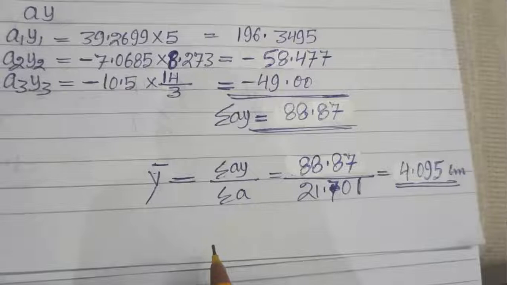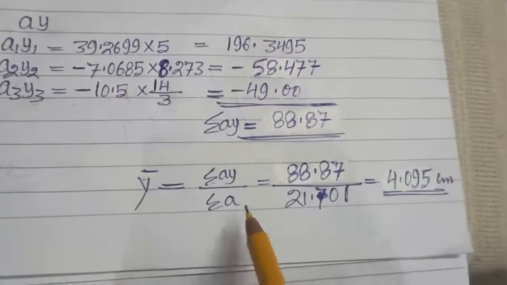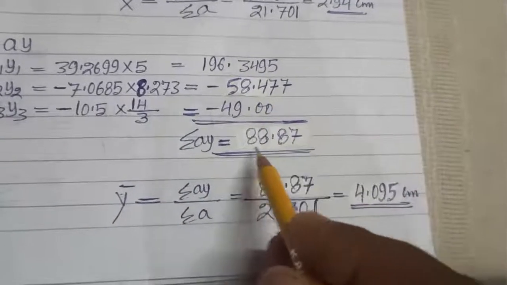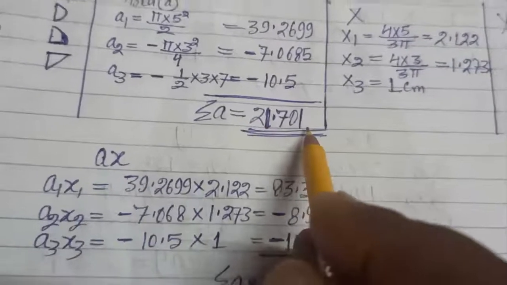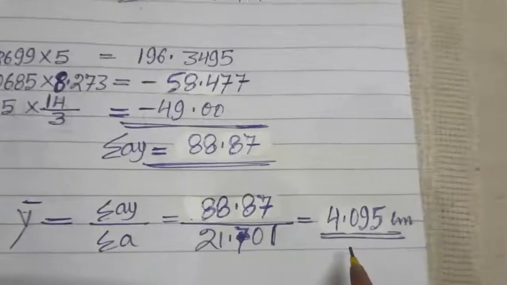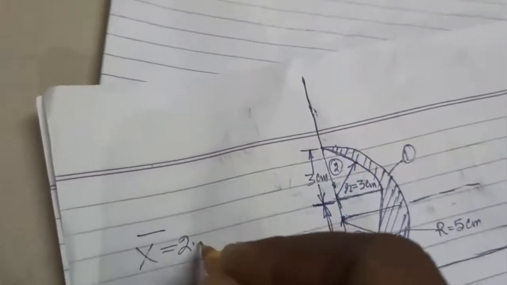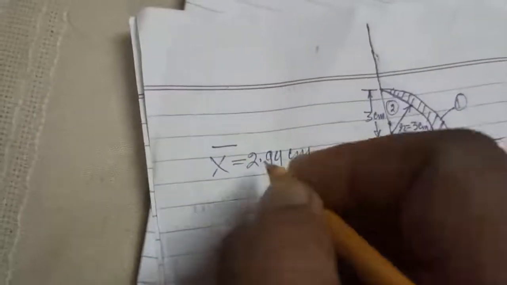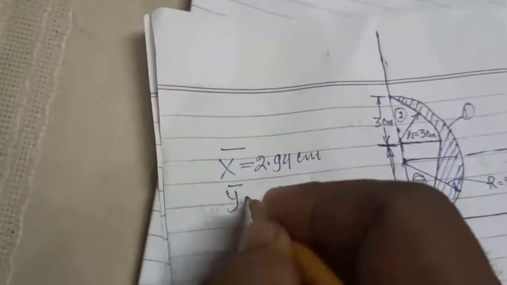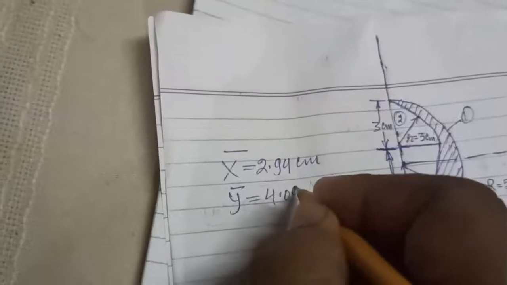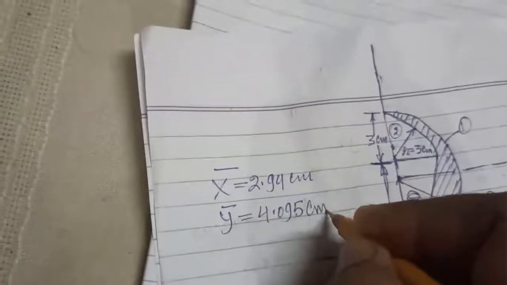Now Y bar is summation AY upon summation A. Summation AY is 88.87 divided by summation A, 21.701. So it will give 4.095 centimeter. So X bar for this is 2.94 centimeter and Y bar is 4.095 centimeter.